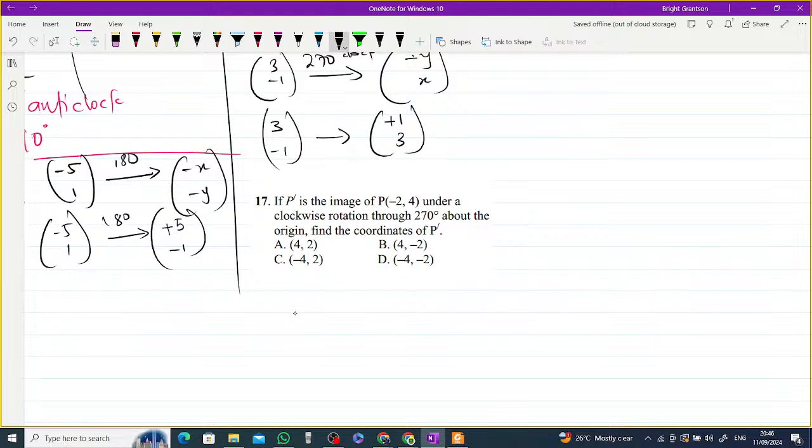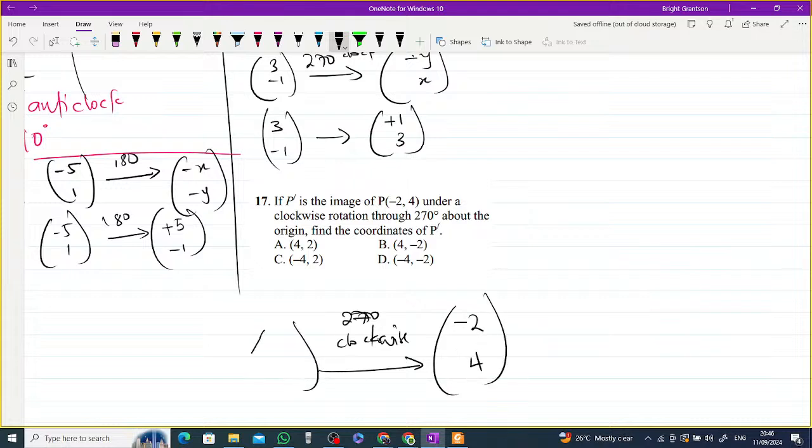So P is rotated under 270 clockwise, from here to here. The answer we got was (-2, 4). So find the actual P. This is P and this is P prime. So find the actual x and y.